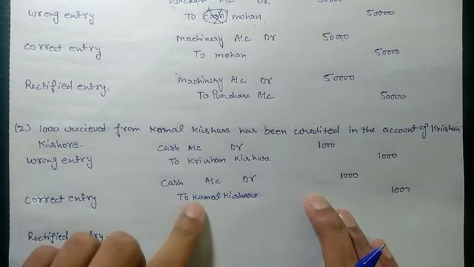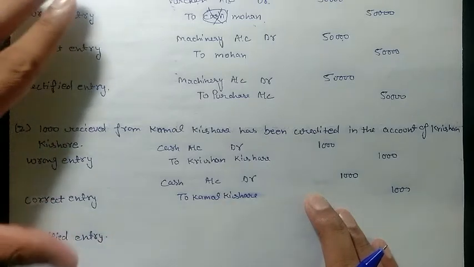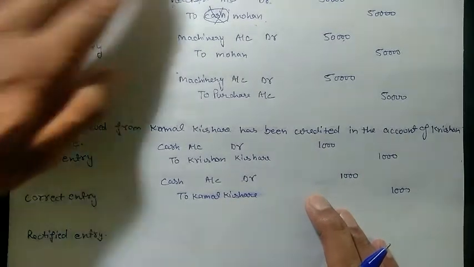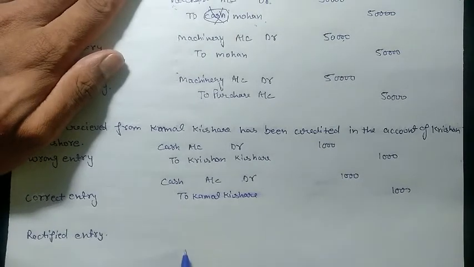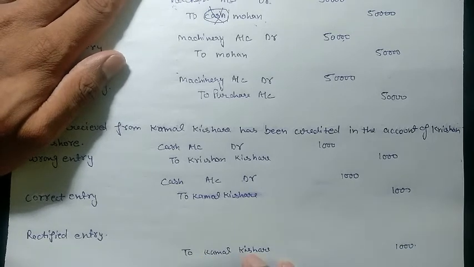First we need to credit Kamal account, but we have not credited it, so we will credit Kamal Kishore by 1000 rupees. In this entry we have credited Kamal Kishore account.